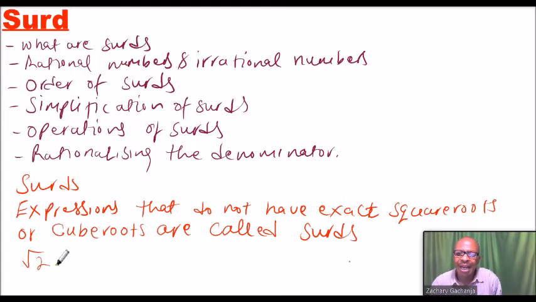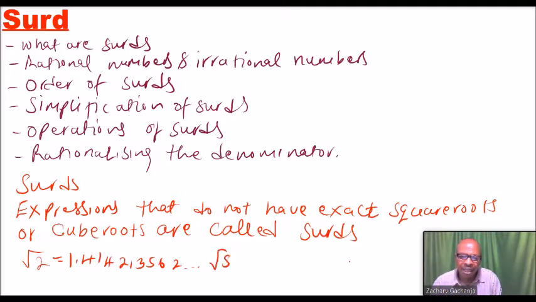It gives you a number that has so many decimals. So we have 1.414213562, and it goes on. That is how many decimals the calculator can display. So this root 2 does not have an exact square root.